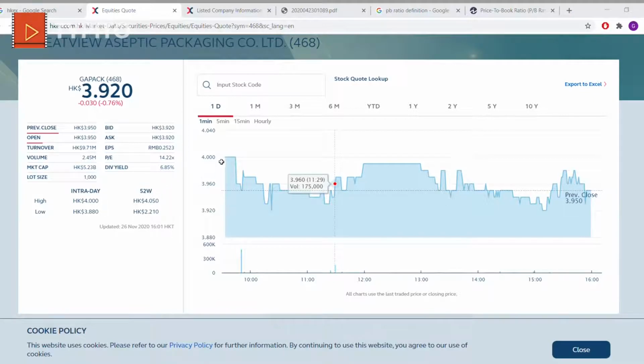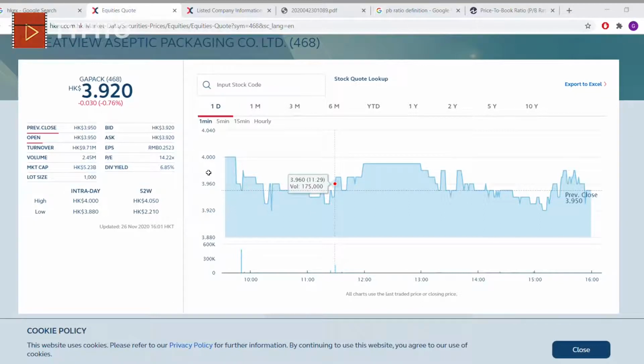PB ratio is just a measurement of its book. In certain cases, when you invest in a company, you're actually not investing in its assets, but rather in the future cash flow of the company. There are different types of investment strategies.